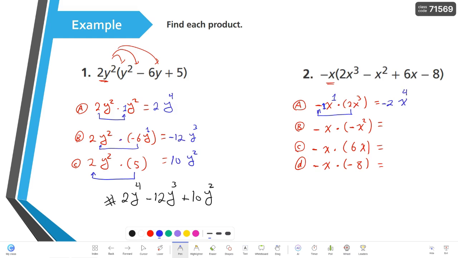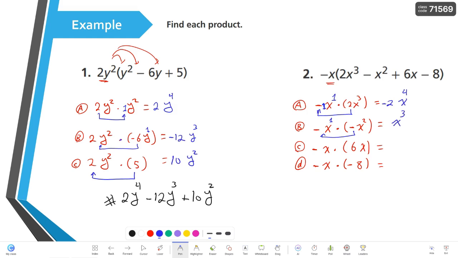And then in the second step, the coefficient is negative 1 and the second coefficient is negative 1. So negative times negative would be positive, so this would be positive 1. There is no need to write 1 since it's going to be a hidden coefficient. Here we need to multiply the variables together. The first variable has an exponent of 1, the second variable has an exponent of 2, so this would be x cubed.